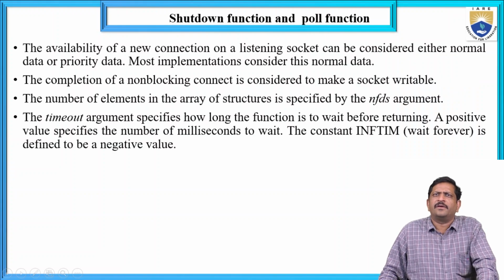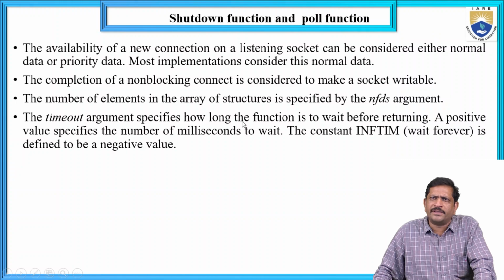The availability of new connections on a listening socket can be considered either normal data or priority data. Most implementations consider this normal data. The completion of a non-blocking connect is also considered.